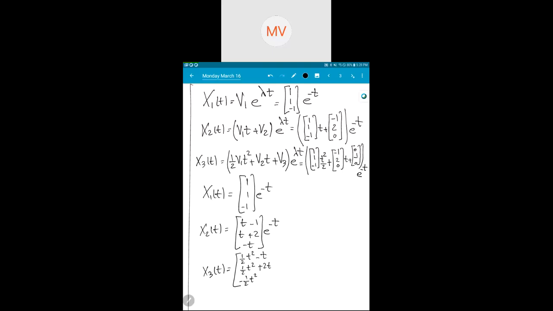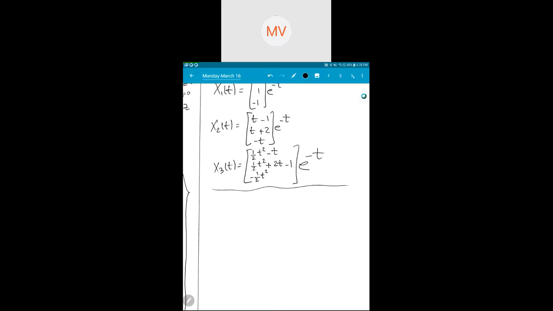This one is 2t. My pluses and t's look the same. So plus 2t minus 1. And this one is 0, 0. Okay. So this times e to the negative t.